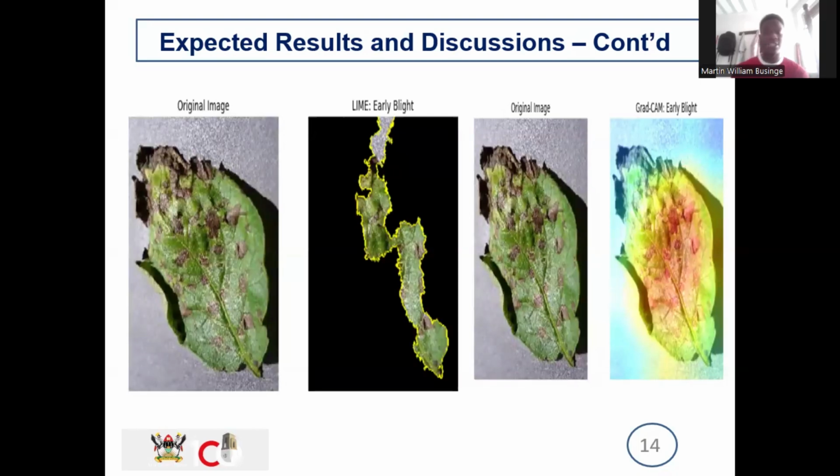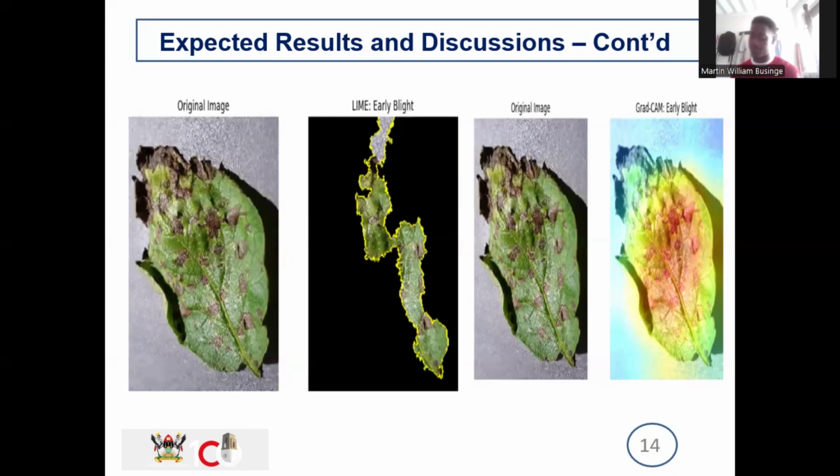It is helping us to understand the parts which the model is using mostly for the prediction. The yellow curves are highlighting the parts which the prediction is mostly based on. Now, the original image is an image of a leaf affected by early blight, and is characterized by dark spots. When you look at the second image, you can see that the dark spots are the ones which are highlighted, which is showing that our model is indeed focusing on the right parts in its prediction.